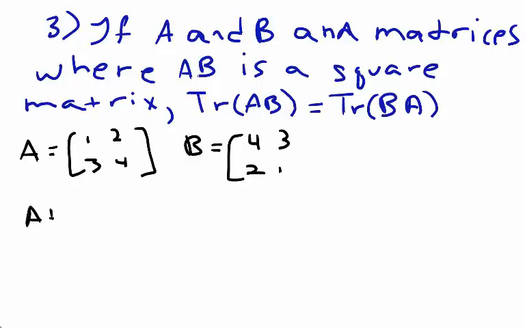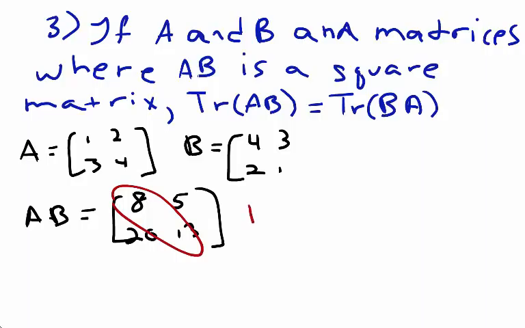The product, A times B, is equal to 8, 5, 20, 13. And the trace of AB is equal to 8 plus 13, which is equal to 21.